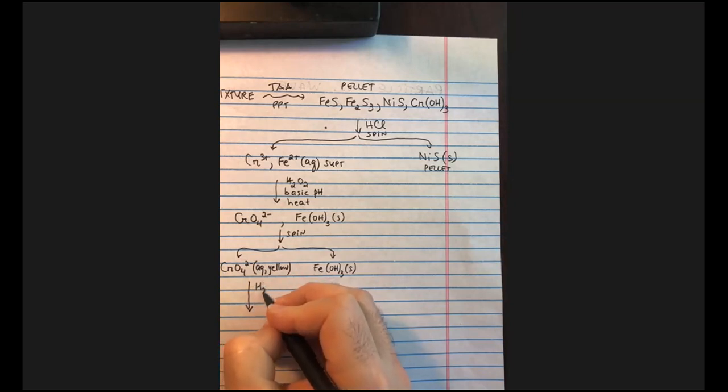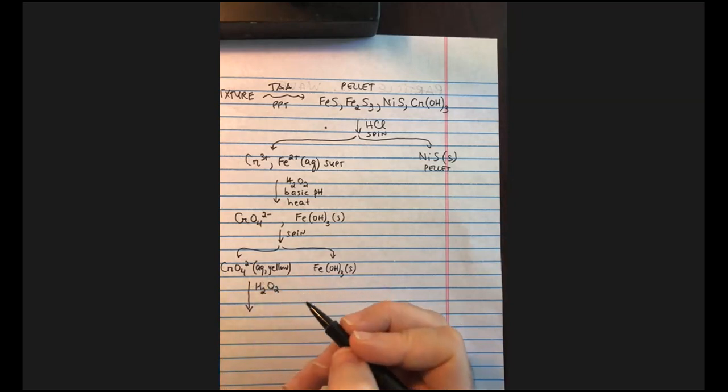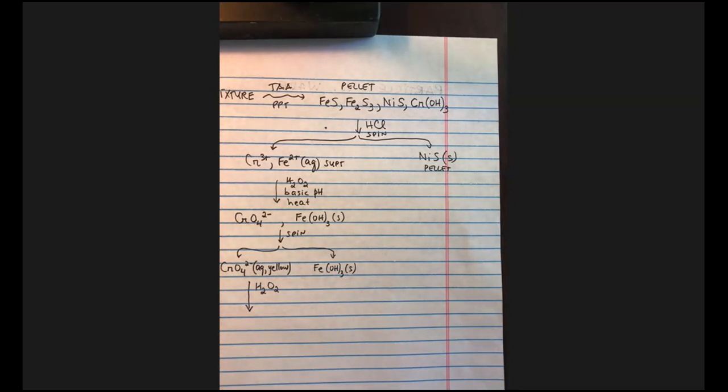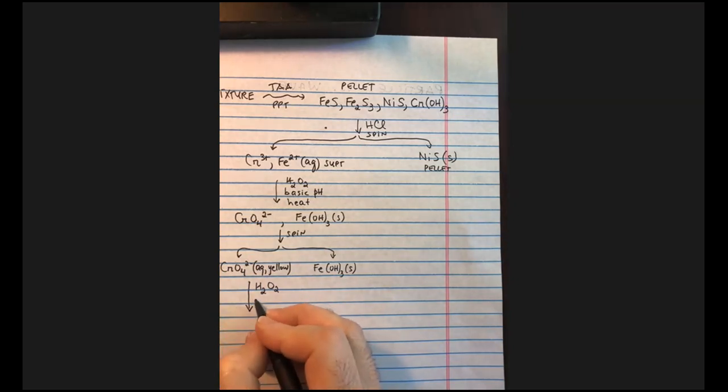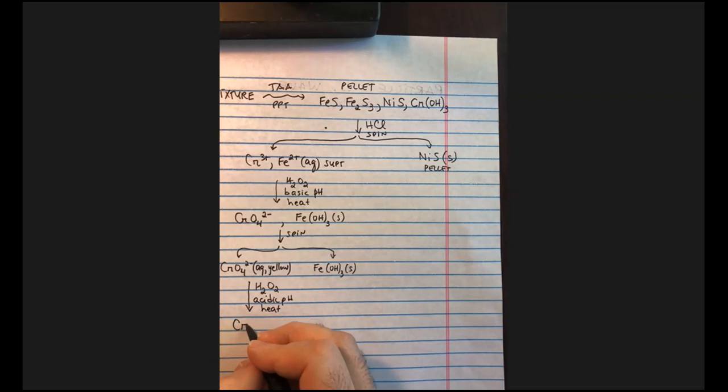We're going to add again hydrogen peroxide, which is an agent that, depending on the pH of the environment, can act both as an oxidizing or as a reducing agent. So this time we're going to do this in an acidic pH. Again, we're going to heat the mixture a little bit, and this is going to be converted again to a chromium ion.